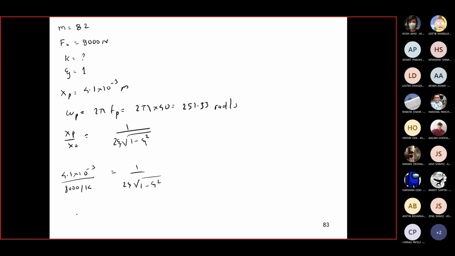I can simplify this and write everything in terms of k. So tell me what is k? Also, peak frequency ratio is square root of 1 minus 2 zeta square. Are you calculating? So this will be something, zeta upon 1 minus zeta square. Tell me the value of the numerator here.